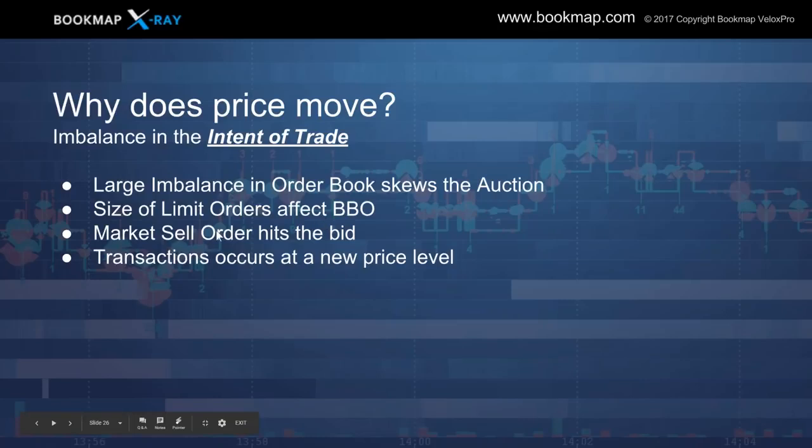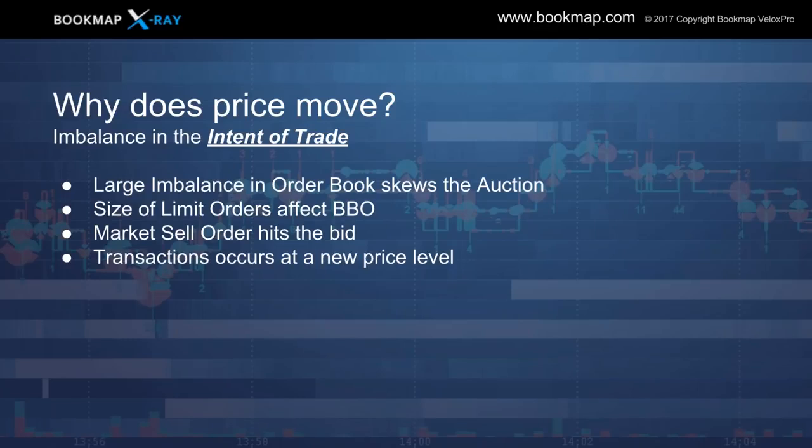They may pull liquidity, they may add liquidity, there might be a big spread. Now, when the mechanics operate and a market sell order moves price, it hits the bid. We might see a big move in that price without much volume.